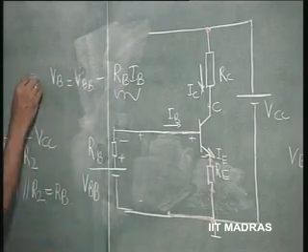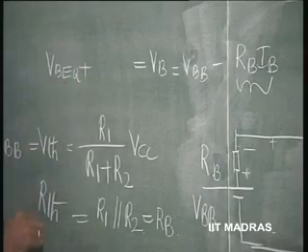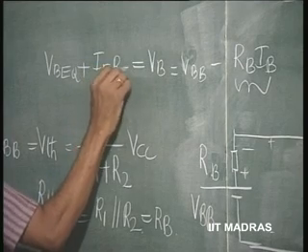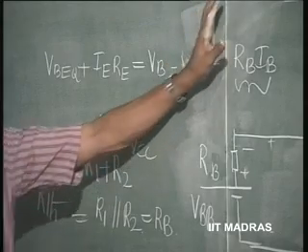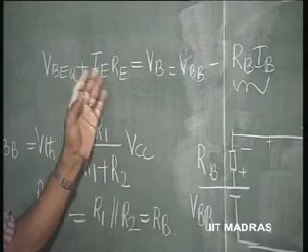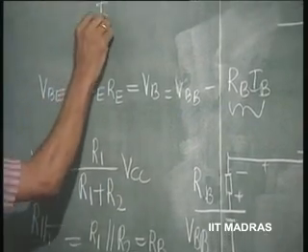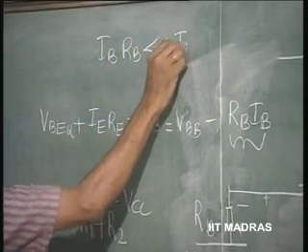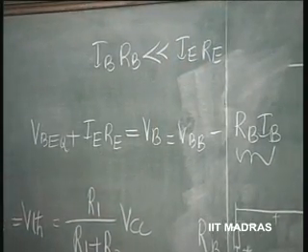So, this is going to be equal to VBEQ plus the drop in this, IE times RE. So, in order that we have a stable biasing as envisaged earlier, this should be small compared to this IE RE. That means IB RB should be much less than IE RE. This is a stable way of biasing.